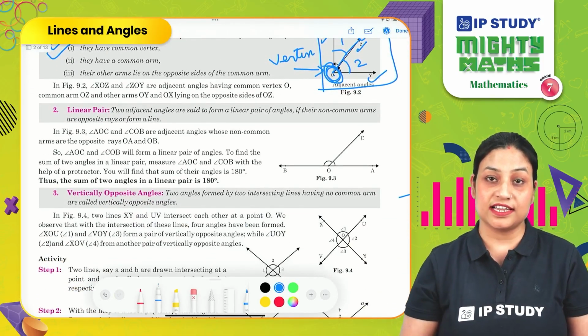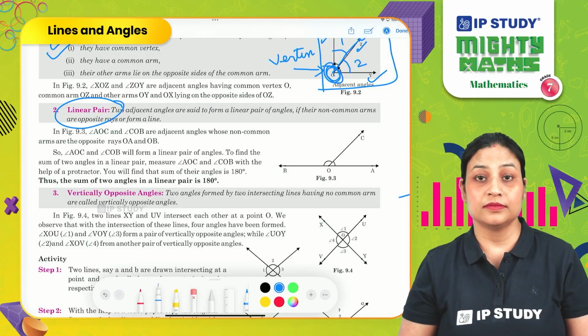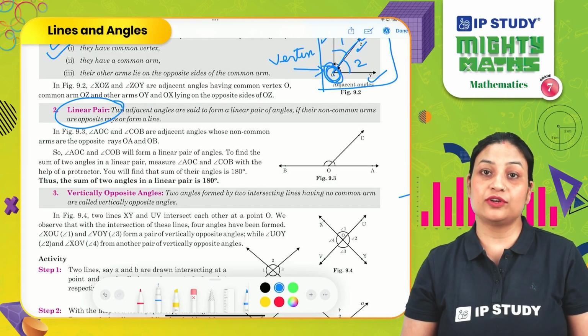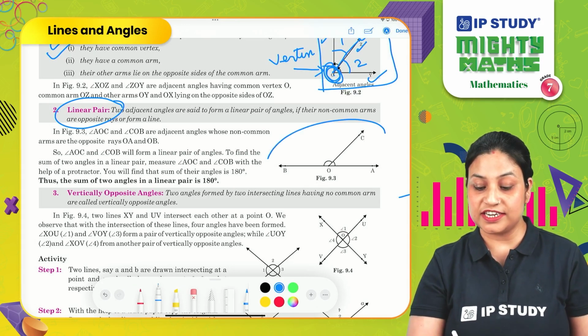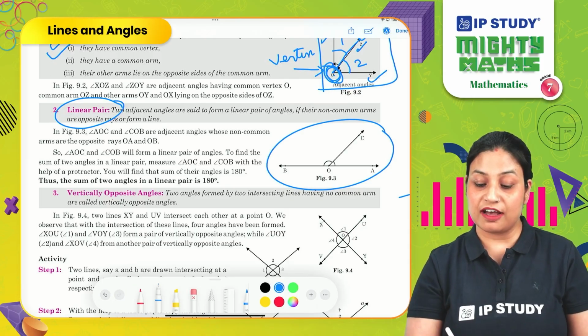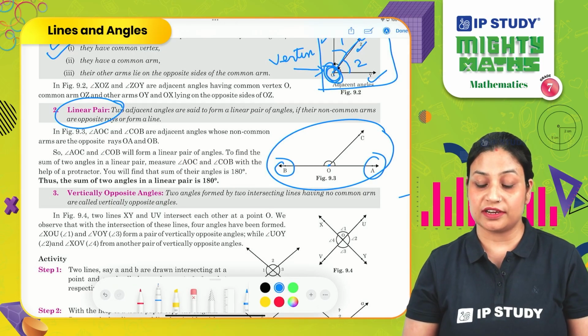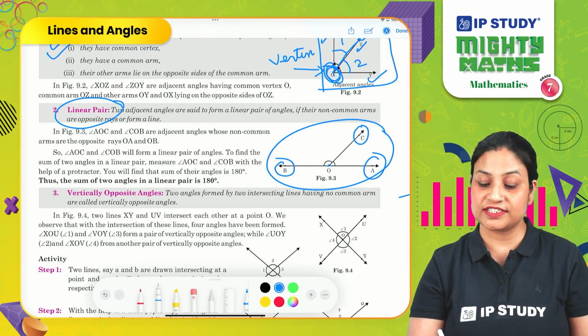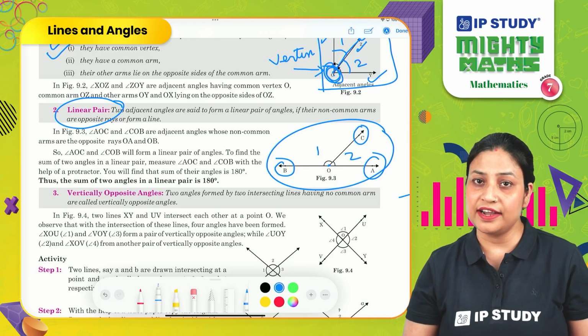Now let's discuss the second pair of related angles, that is the linear pair. In this case, students, the two arms of an angle are totally opposite to each other in such a way that they are making a straight line. Let's take an example. We have BOA, right? We have one ray this side, one ray this side, they are just opposite to each other. And we have another ray falling on this straight line making two angles, let's say angle 1 and angle 2. So it is a case of adjacent angles, right? How come?